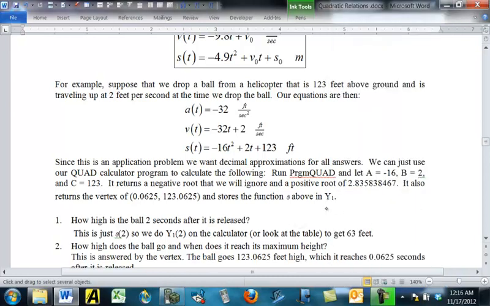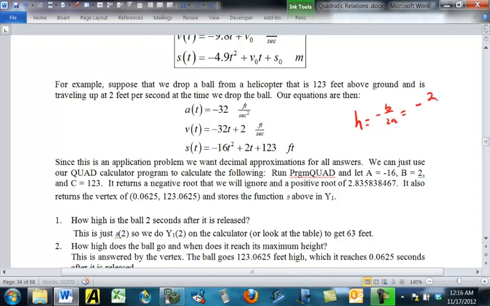How high does the ball go? Well, it's going to be the vertex, which is at h equals minus b over 2a, and the height is k. So h is the opposite of 2 over 2 times negative 16. The negatives cancel, the 2's cancel, that's 1/16.